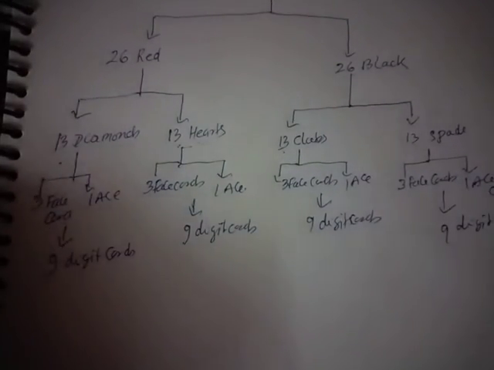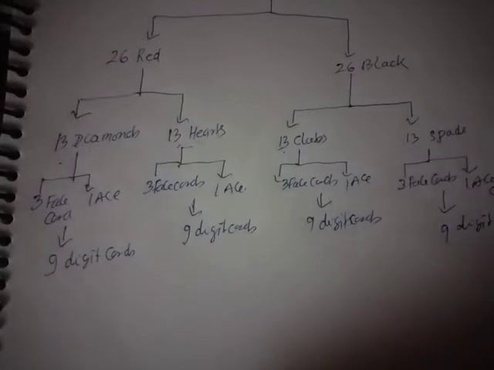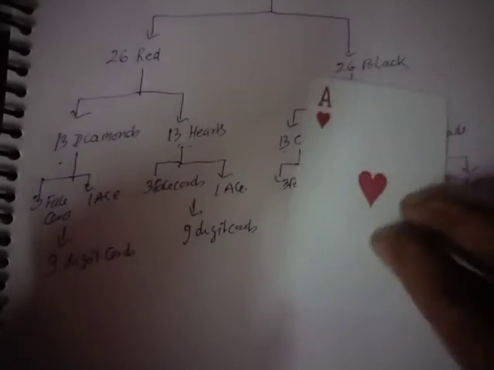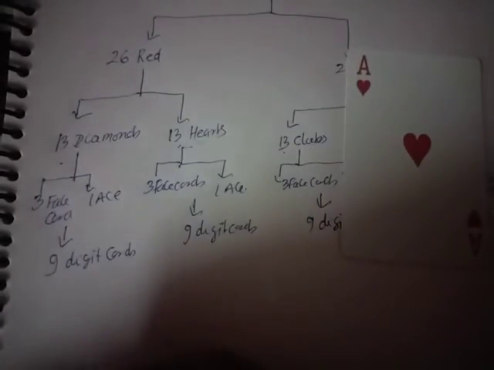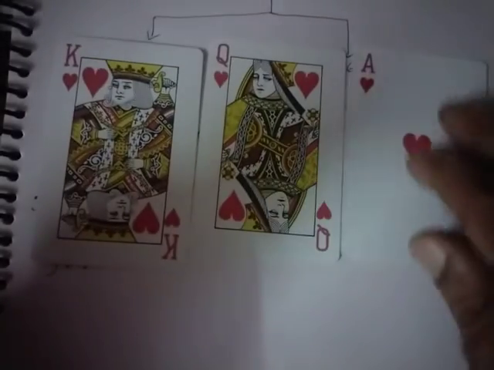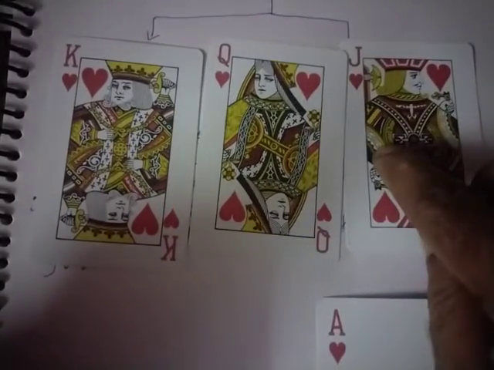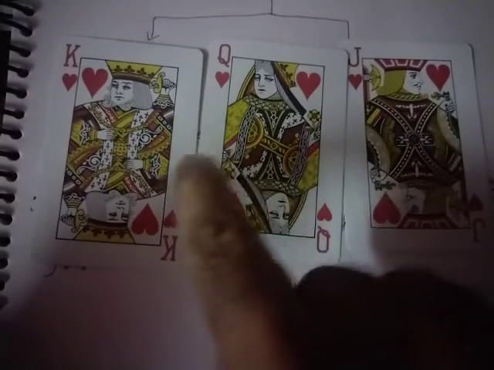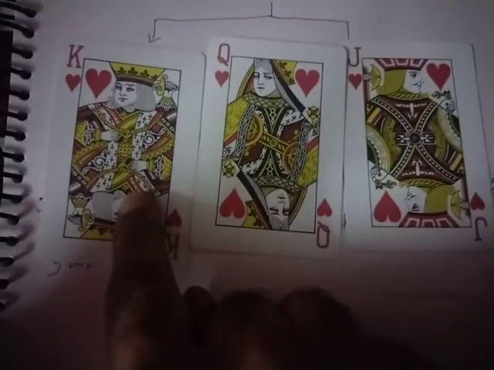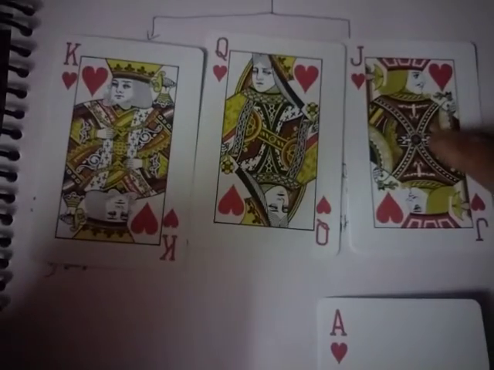Now we see the hearts ace card, and hearts king, hearts queen and hearts jack card. In the red hearts, 3 face cards, king, queen, jack, and this is 1 ace card.